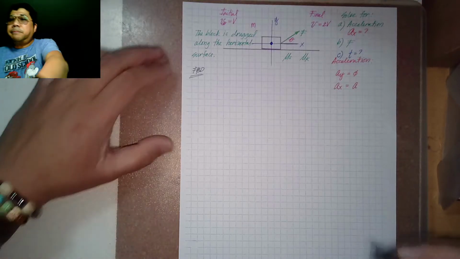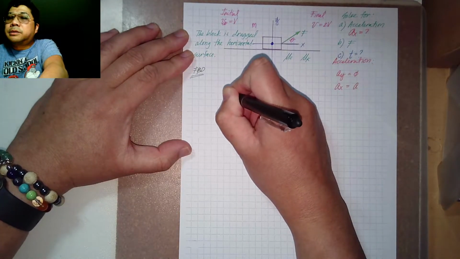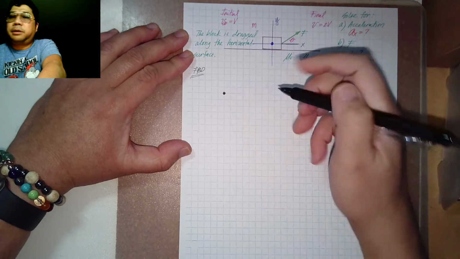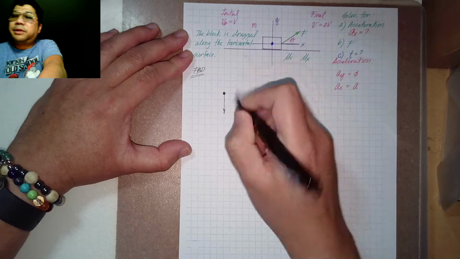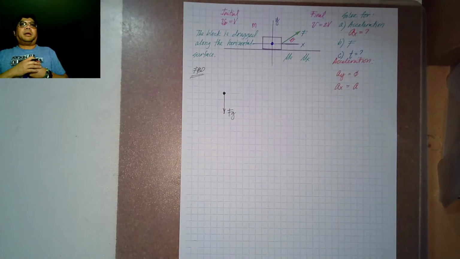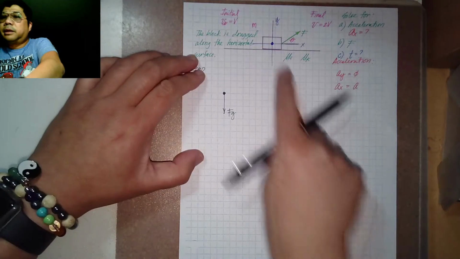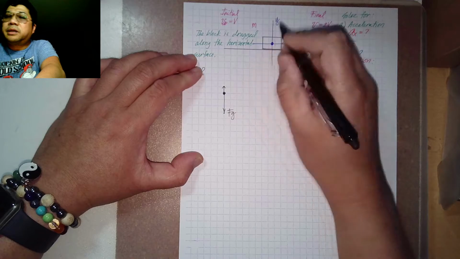First step, let's draw the dot and transfer it here. We have our first force, and that is the force of gravity, or weight, Fg. Another force acting between the surface and the block is the normal force.